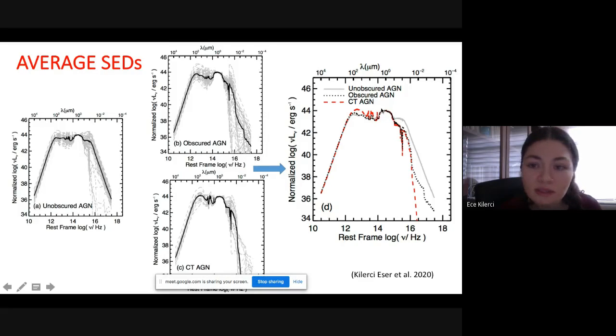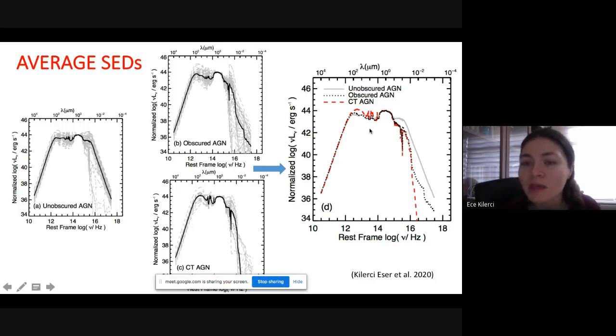These SEDs are normalized at 1 micron, and near 10 micron, the unobscured AGN has a slightly stronger continuum. Between the 1 and 20 micron range, we don't see much difference. For Compton-thick AGN, we see that the far infrared bump is stronger.